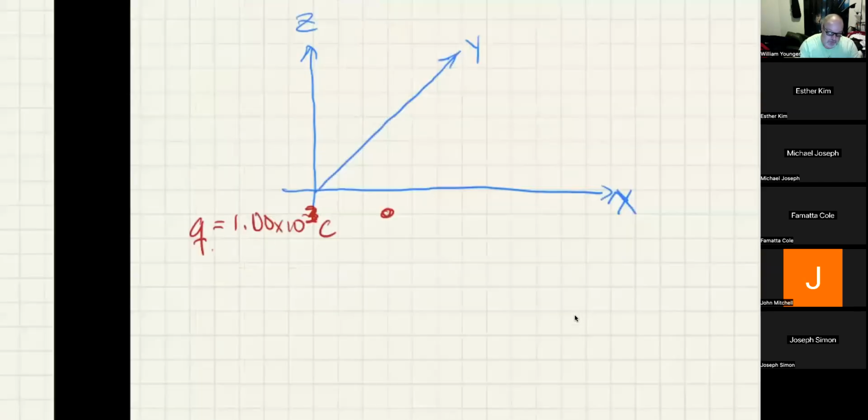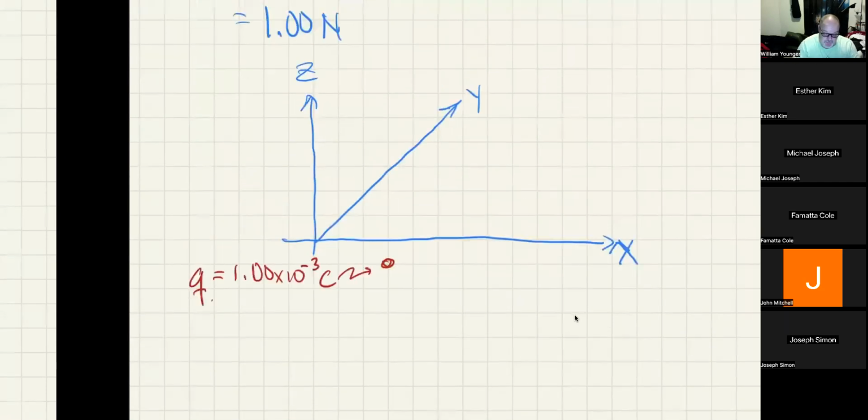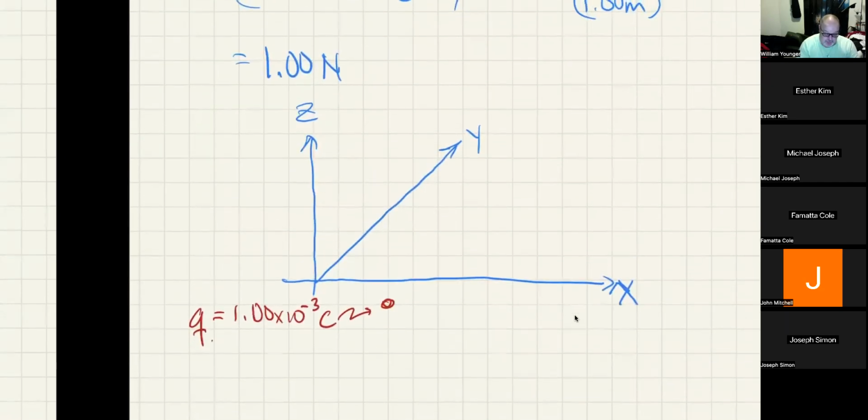And I know I could have written it better than that, but I didn't because I'm a goober. So that's that particular particle.